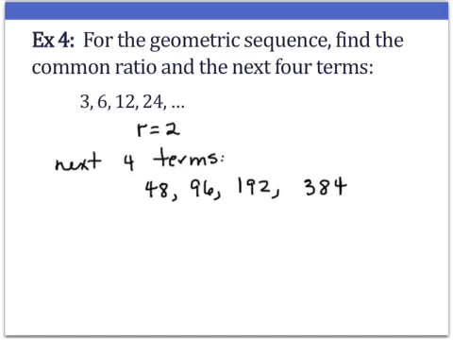Then we begin with 24 and continue to multiply by 2 every time. So every time times 2, times 2, and that was the 2 squared right there, times 2, and then times 2.